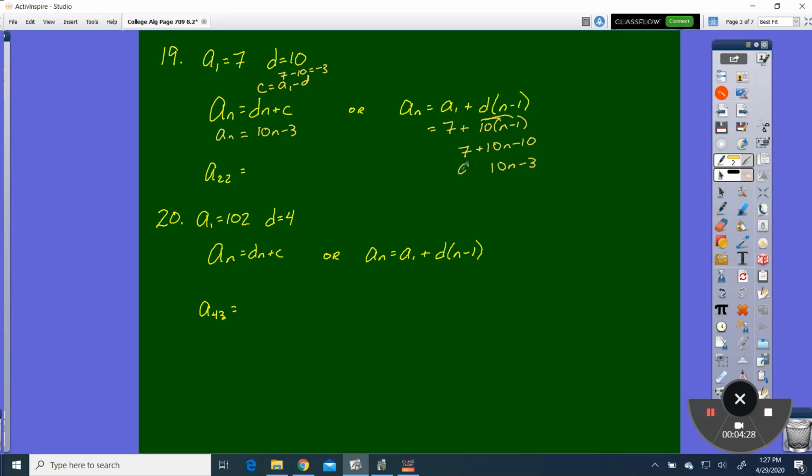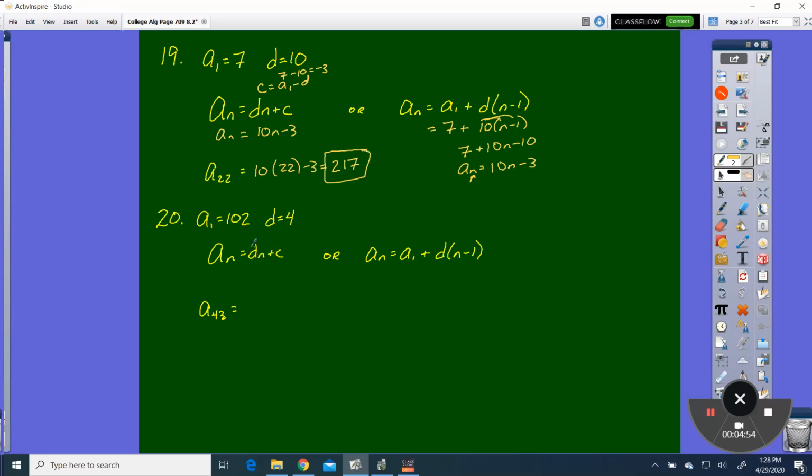So there's my formula that way. So now that I want to find the 22nd term, all that I'm going to do is replace this n with 22. So it's just 10 times 22 minus 3. So 10 times 22 is 220, minus 3 is 217. So that's how you do that.